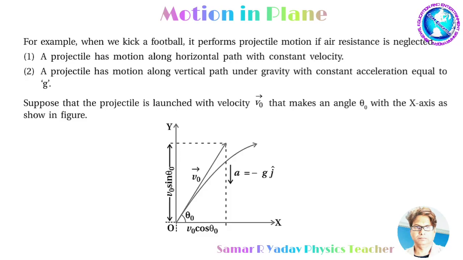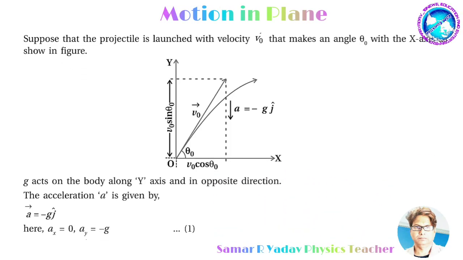You can see in figure. G acts on the body along y-axis and in opposite direction. The acceleration a is given by vector A is equal to minus G unit vector J.